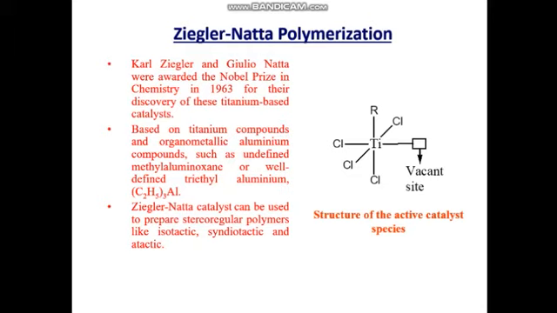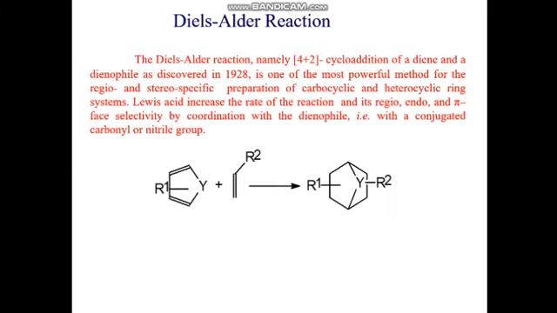Here the formula represents triethylaluminum. This catalyst can be used to prepare stereoregular polymers like isotactic, syndiotactic, and atactic. Here represents the Ziegler-Natta polymerization.